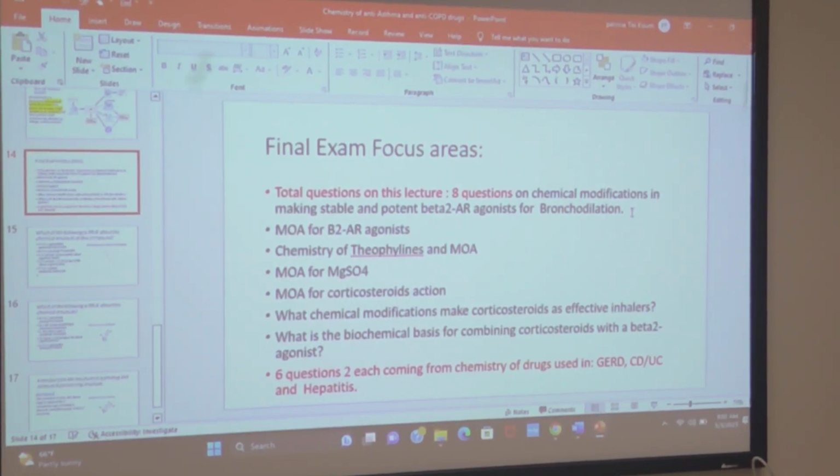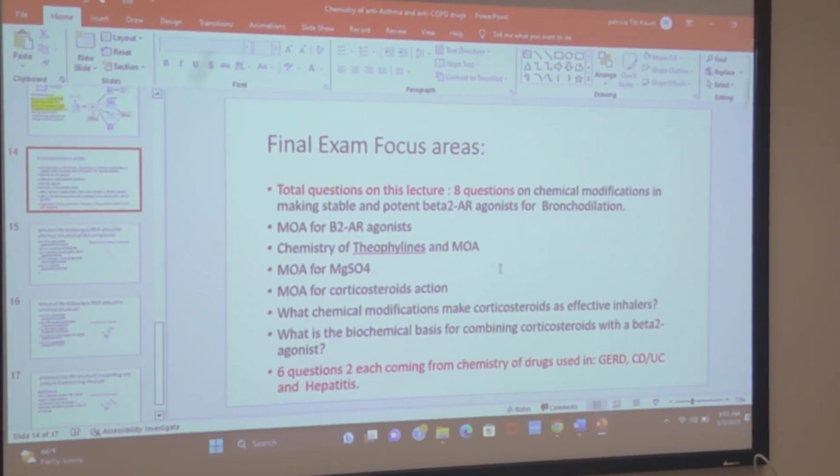One to block the COMT activity by hydroxyl group masking, and to block the MAO activity by masking the NH2, the amine group in the molecule. So look into the MOA for beta-2 agonists.